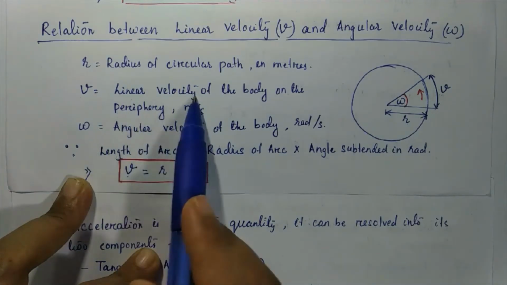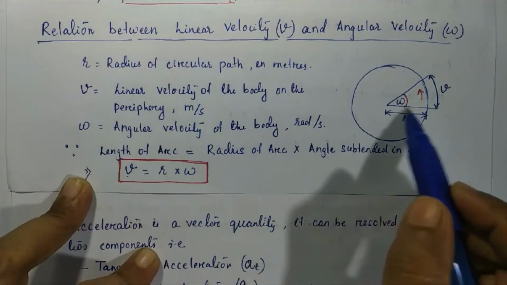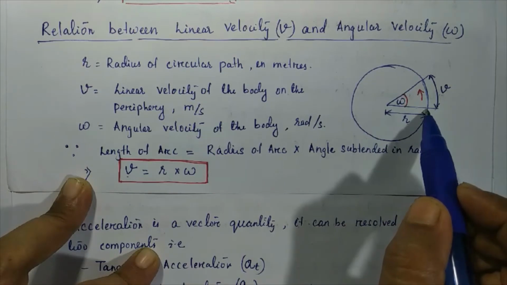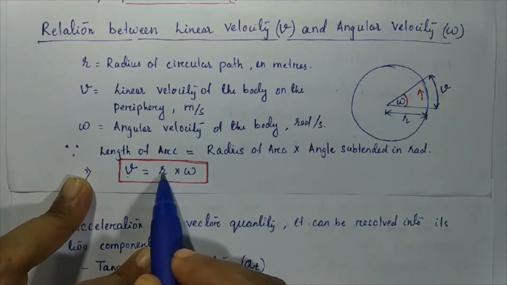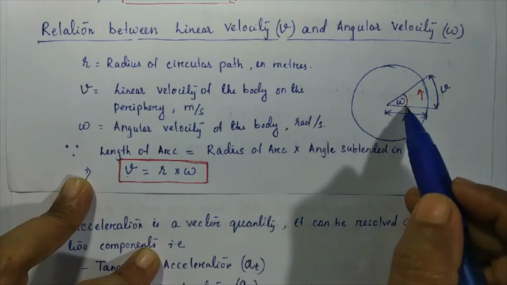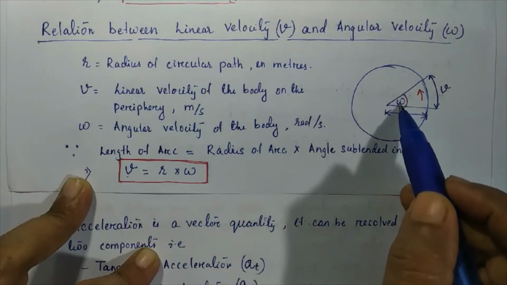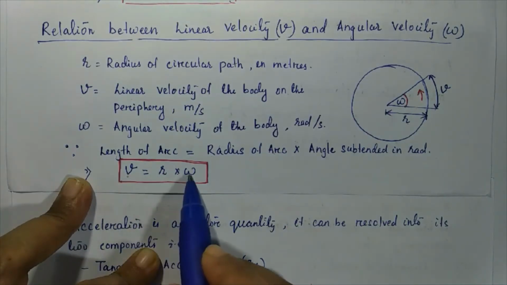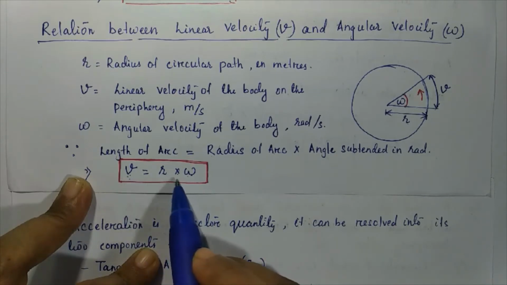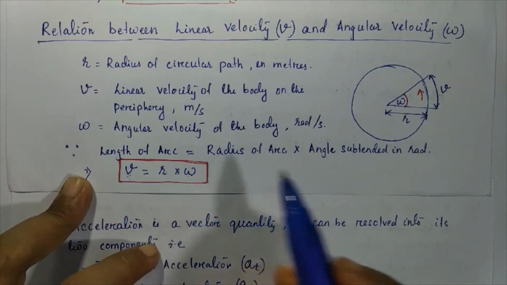The linear velocity, and this is the radius of the circular path, that is r, into the angle subtended here, which is omega. So what is the relation between linear velocity and angular velocity? v equal to r into omega.